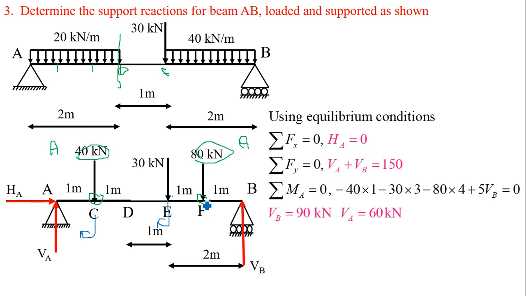Next 80 at a distance of 4 meter, nature of moment clockwise in direction, and then VB with perpendicular distance 5, nature of moment is anti-clockwise in direction, positive. So solving this we get VB as 90 kilonewton. Substituting in the equation of Fy, we get VA as 60 kilonewton.